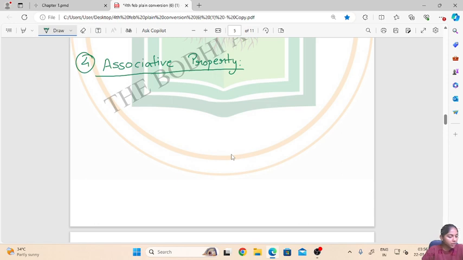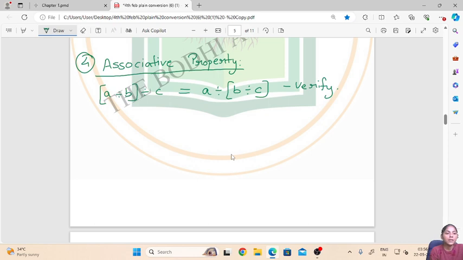So here we have to see that if a divided by b, divided by c is equal to a divided by bracket b divided by c. So this is what we have to verify.